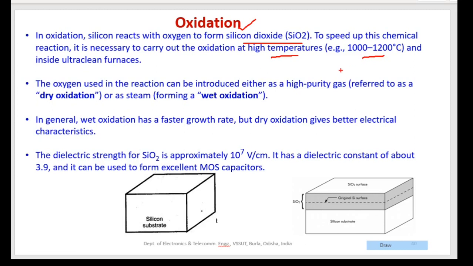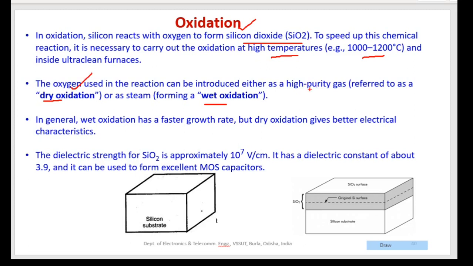And it can be done in two forms. There are two methods of performing oxidation of silicon. The first is dry oxidation and the second is wet oxidation, right? In dry oxidation we bombard the wafer with oxygen gas.